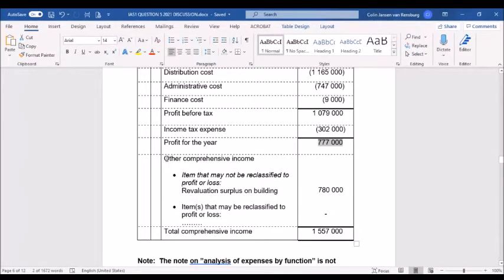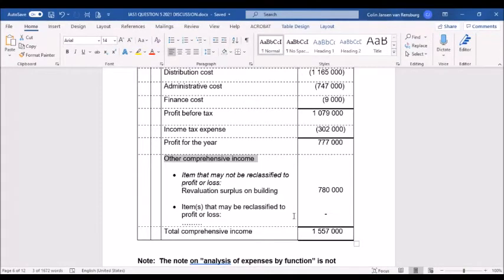So we give it a little title there, Other Comprehensive Income. And then we said we can get two categories. Some of them may be reclassified to profit or loss in the future, right? Mr. Borman is going to do an example of something like, for instance, a gain on financial investment that the company has made by virtue of its share price rising, and then in a subsequent year they actually sell those shares at a profit.